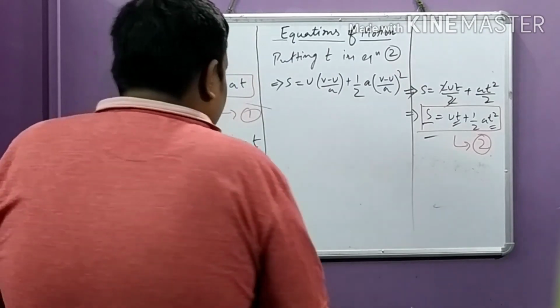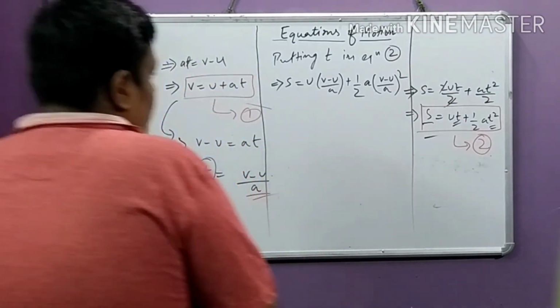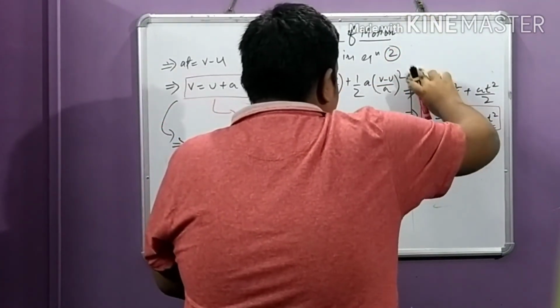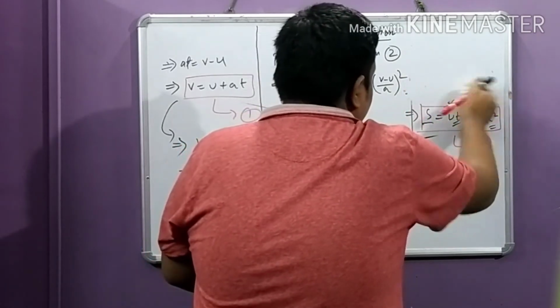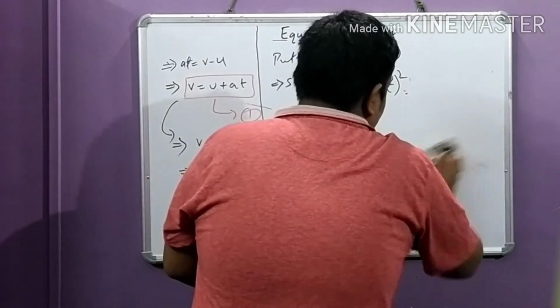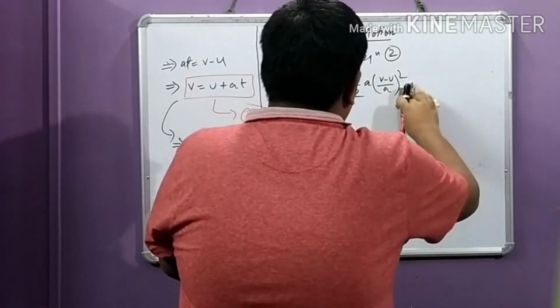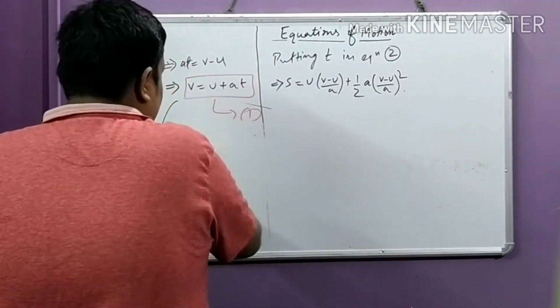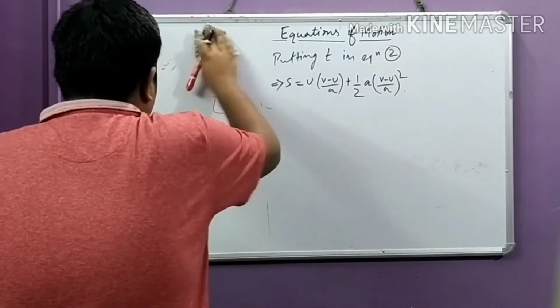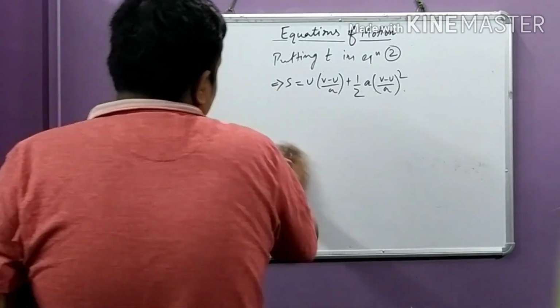So this is what we are getting. Now I must rub it because space is less. So I am rubbing it off and rubbing these also. Now we have left with only the calculations.